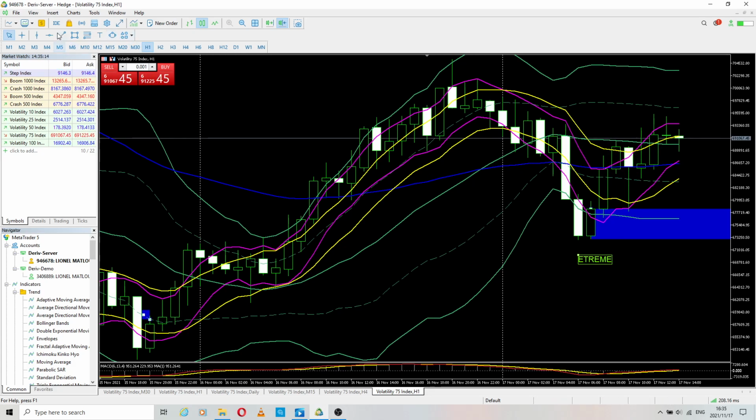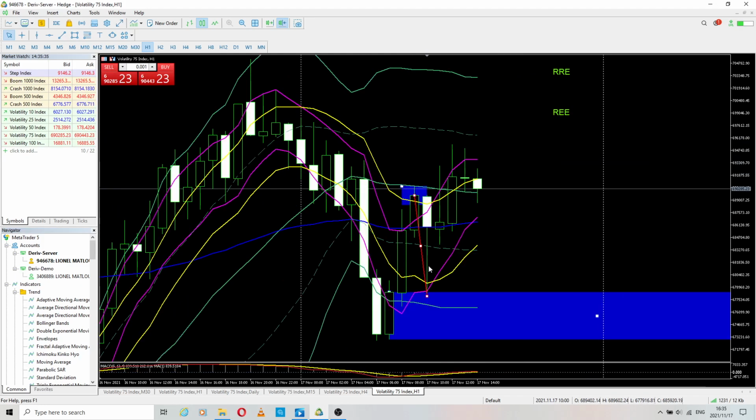So once you see that you have a CSD here, you know that you are going to have a re-entry. The market is going to retrace back, then you are going to have a re-entry right there. So this one will be re-entry after CSD, not a re-entry after CSM. This is a CSM. This one will be a re-entry after CSD, which this is your CSD.